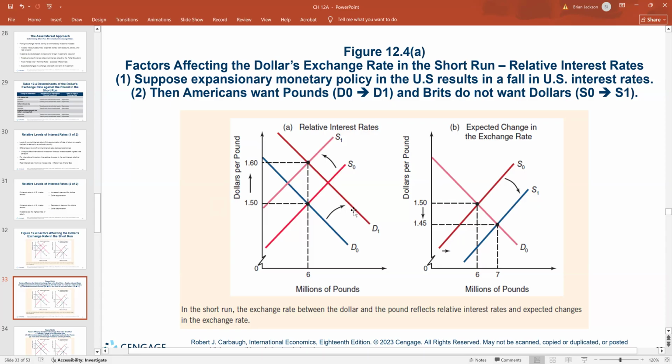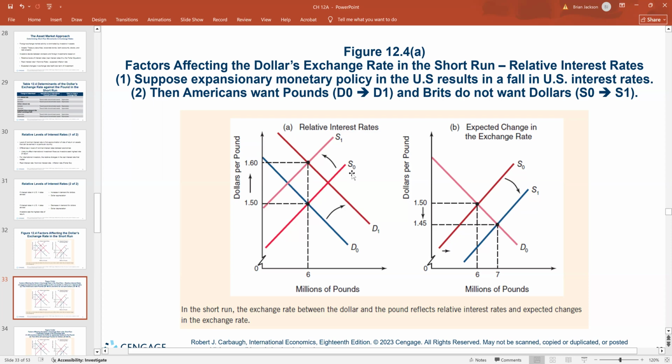They're going to want to get out of dollars and get pounds because the dollars are going to lose value. And correspondingly, there'll be a rightward shift in the demand for pounds, but there'll be a leftward shift in the supply of pounds, because holders of pounds, British citizens, are no longer going to supply pounds to the foreign exchange markets to purchase dollars to buy American goods, okay, and so forth.